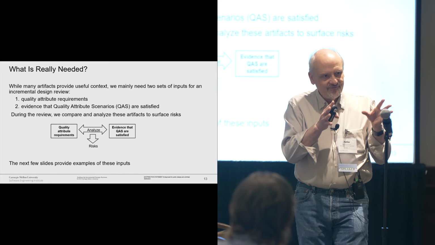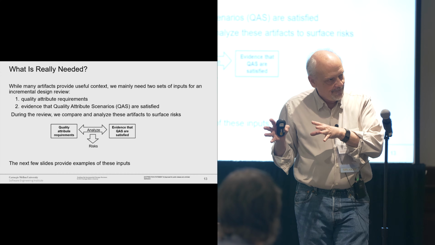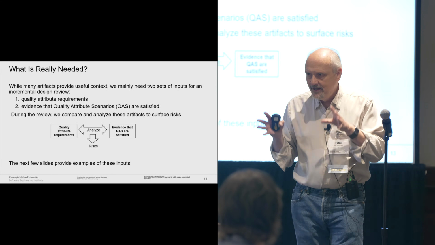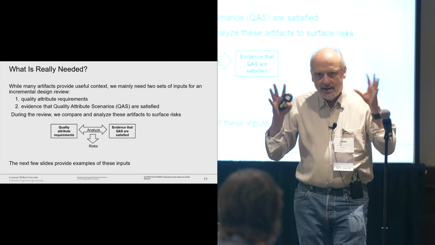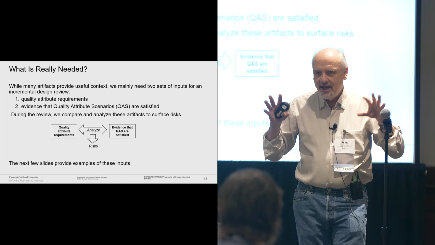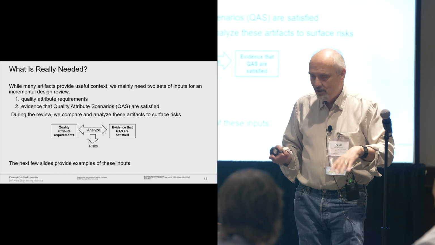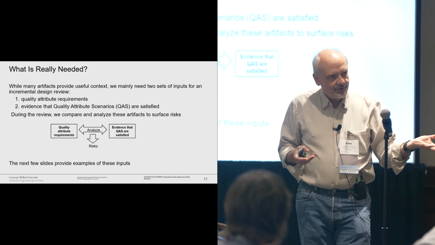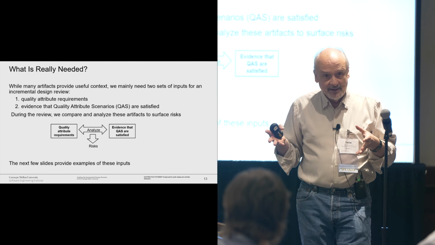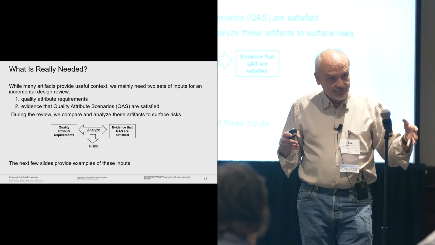It is how well those functions will actually work in the system. So designing is about manipulating the quality attribute properties of the solution that you have. Therefore, the requirements you need for a design are the quality attribute requirements.